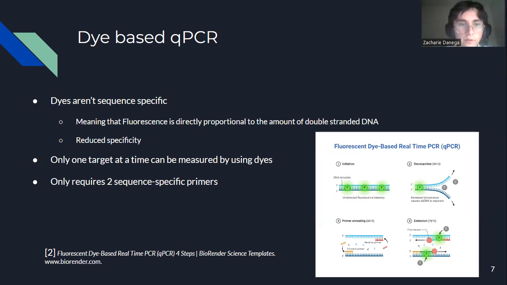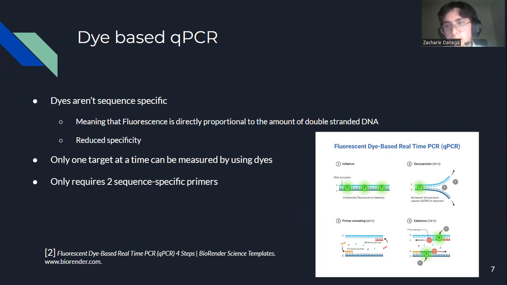Dye-based quantitative PCR. Now, dyes aren't sequence specific. What does that mean? It means that the fluorescence is directly proportional to the amount of double-stranded DNA. So let's say you have contamination, junk DNA in there along with the stuff that you do want copies of. Well, it's going to fluoresce regardless. As long as it's attached to double-stranded DNA, it's going to fluoresce.